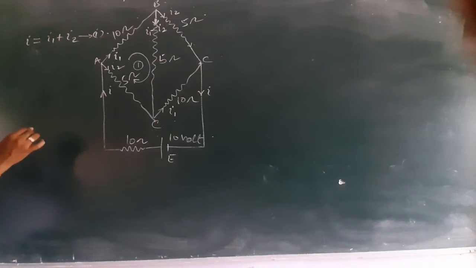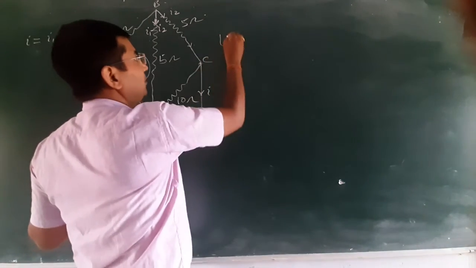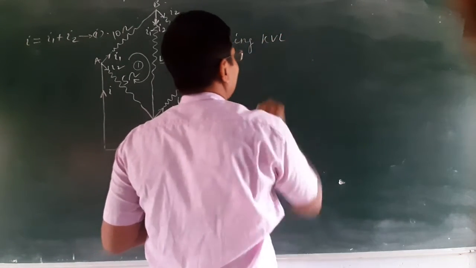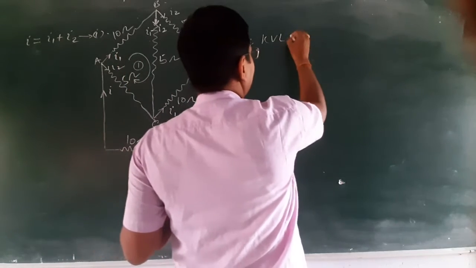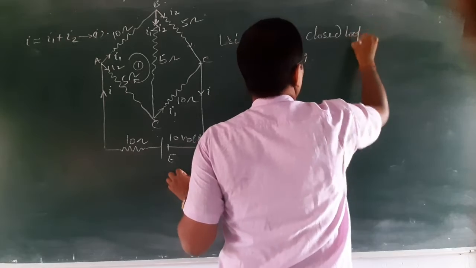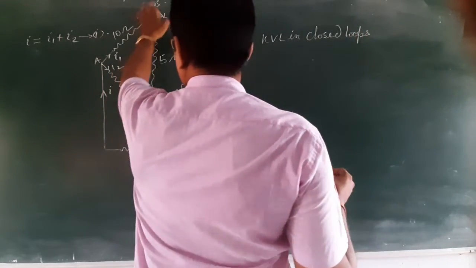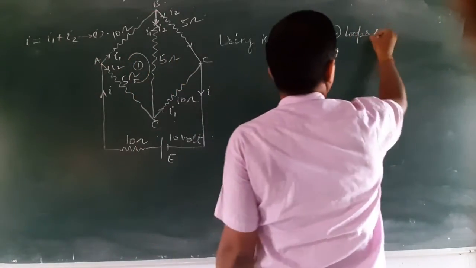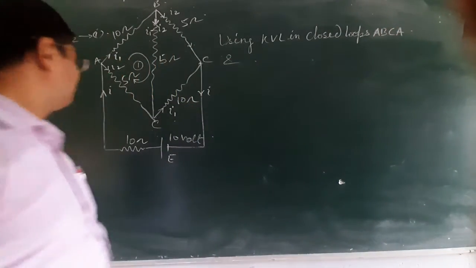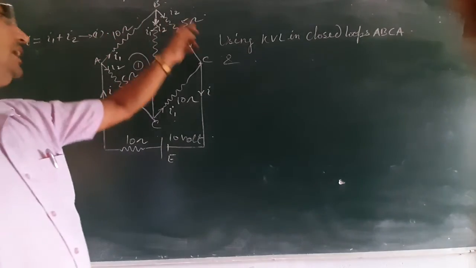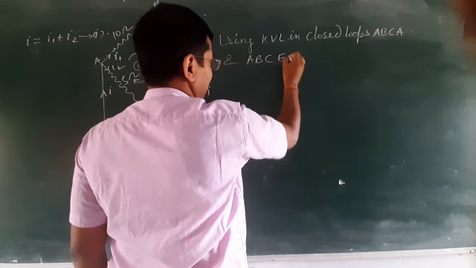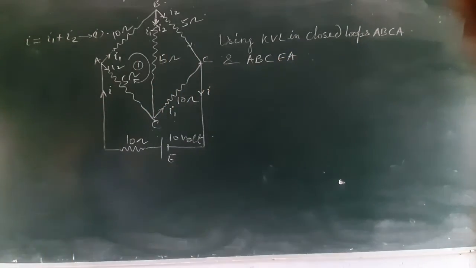Using Kirchhoff's voltage law, that is Kirchhoff's second law, in closed loop A, B, C, A, and A, B, C, E, A, what we may write?